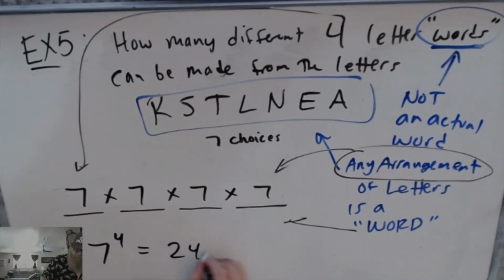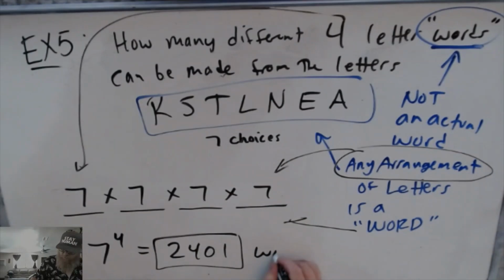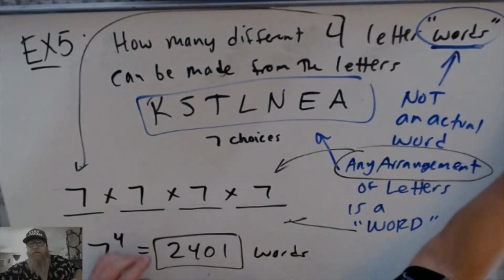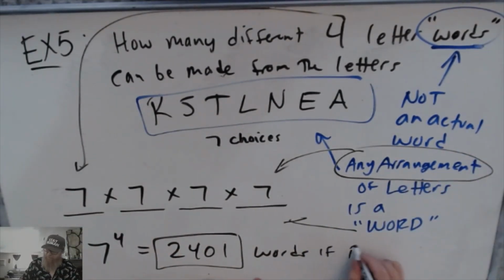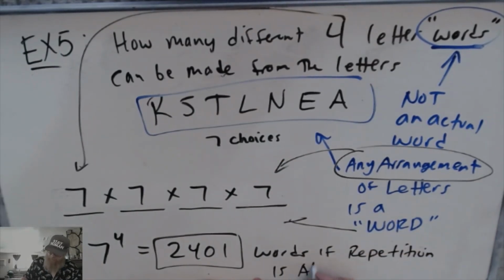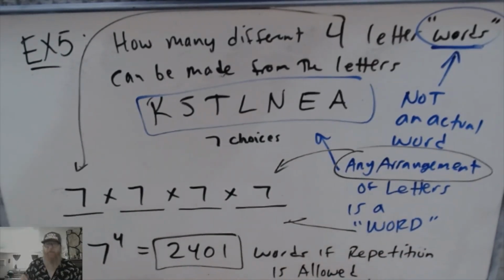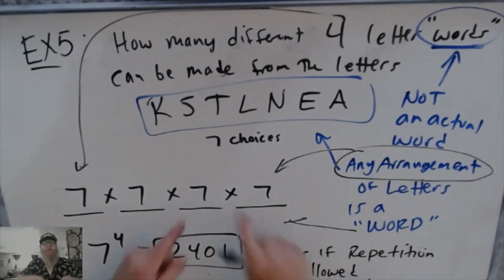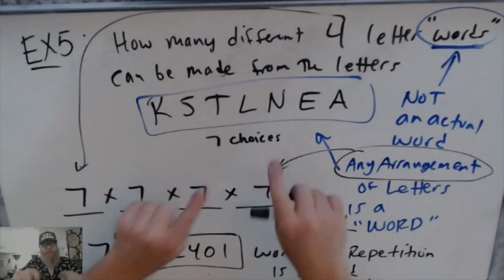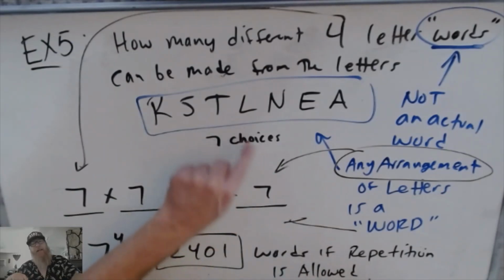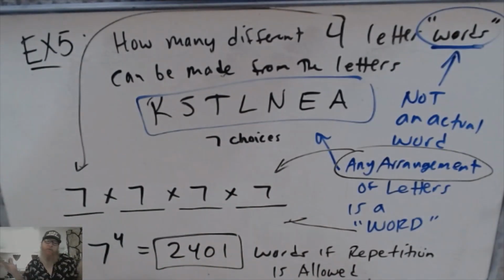That would be 2,401 words. And this is if repetition is allowed. So for example, SSSS, TTTT, LLLL, so on and so forth. You can repeat letters in this process.